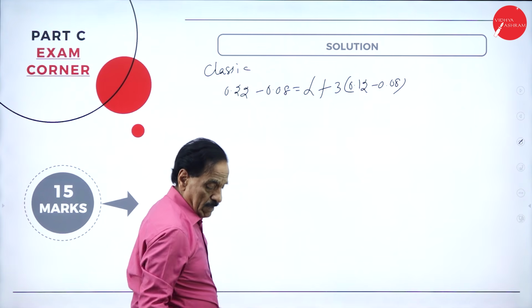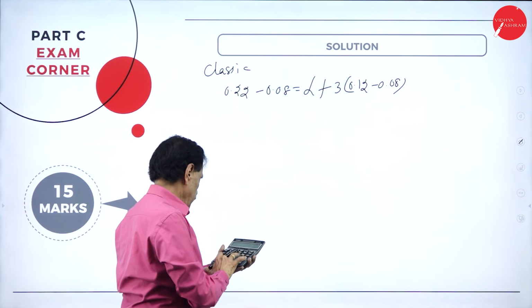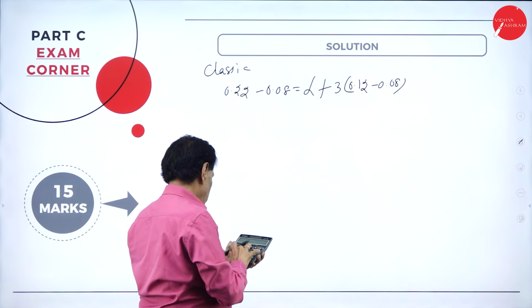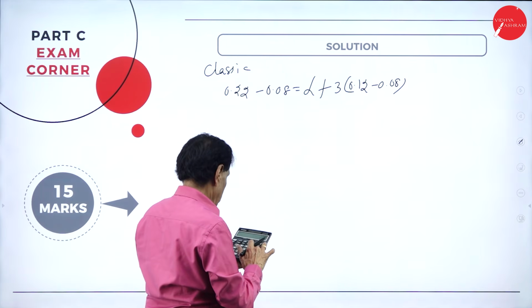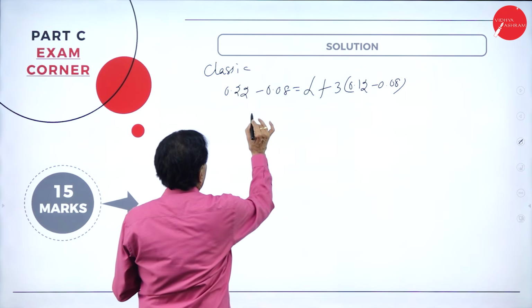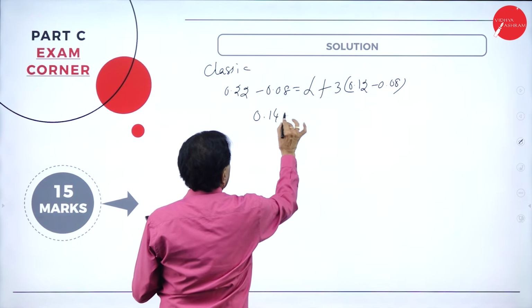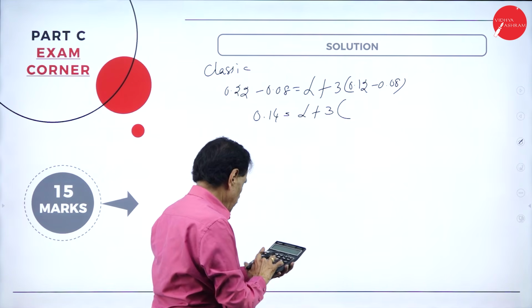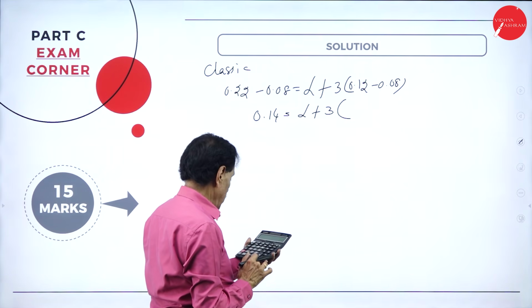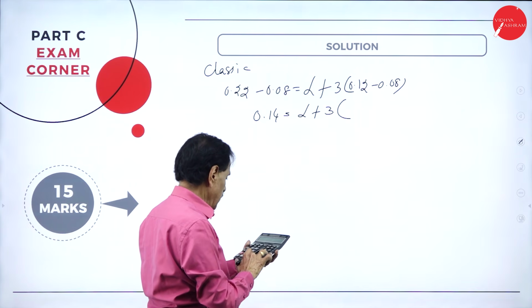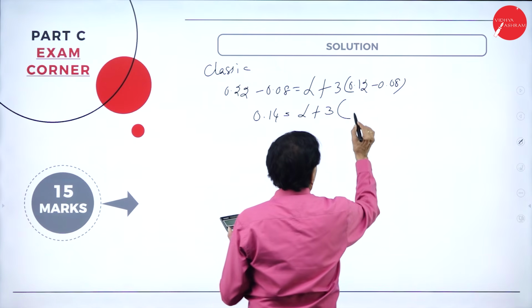This is 0.22 minus 0.08. 0.22 minus 0.08 is 0.14, which is equal to alpha plus 3 into 0.12 minus 0.08, 0.04.